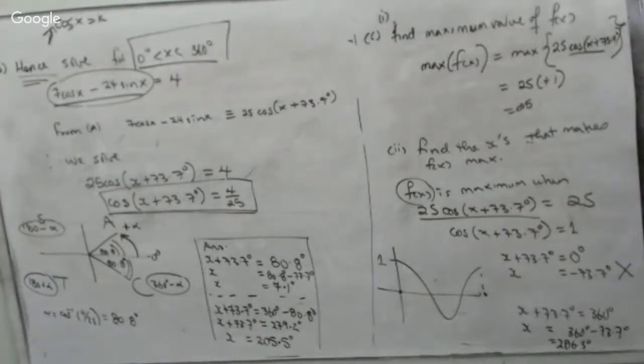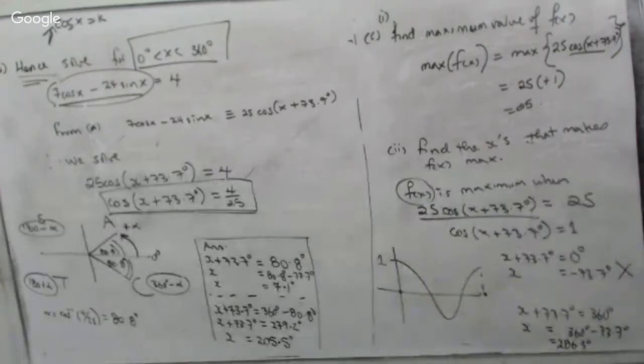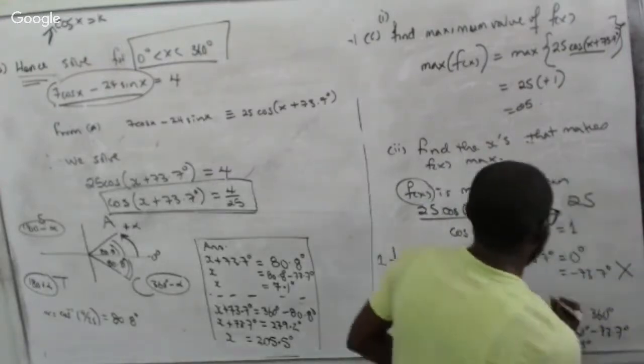And you can just do a quick check in the exam: 7 times cosine of 286.3 minus 24 times sine of 286.3, and you see if you get 25 or approximately. So in the exam, do we just do an X like that, or tell them that it doesn't lie within?